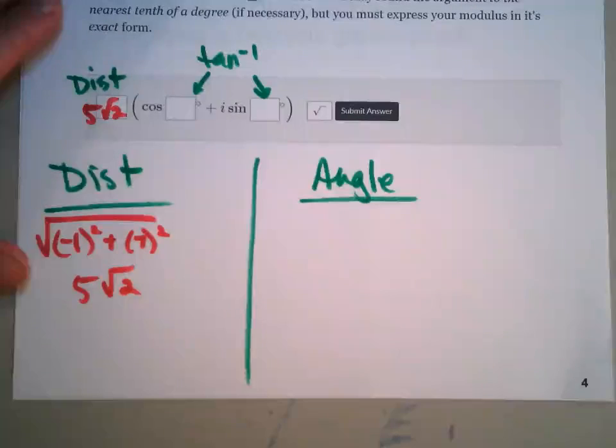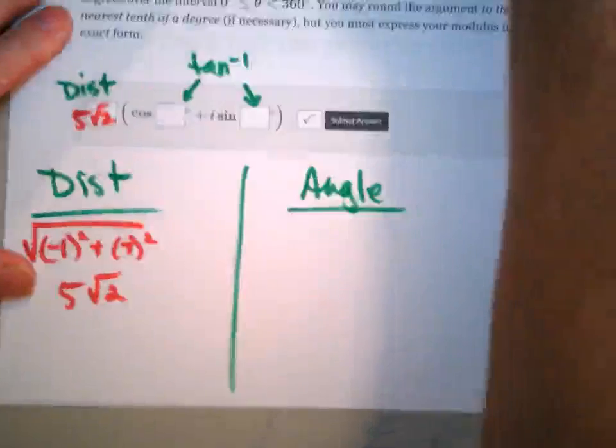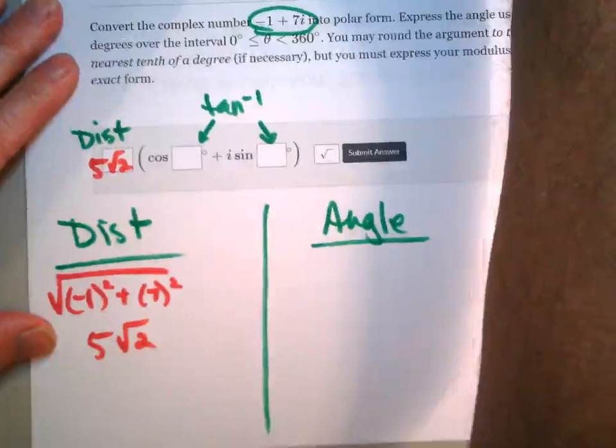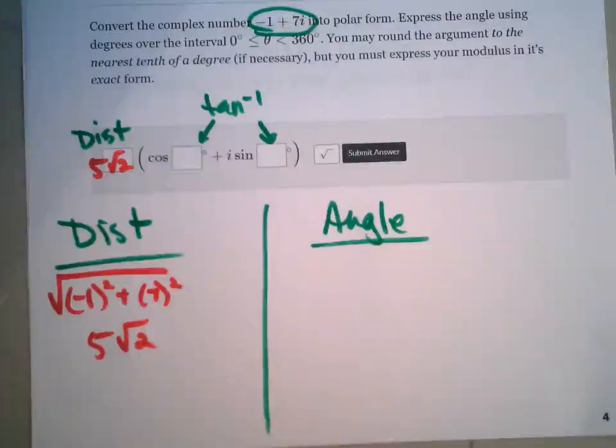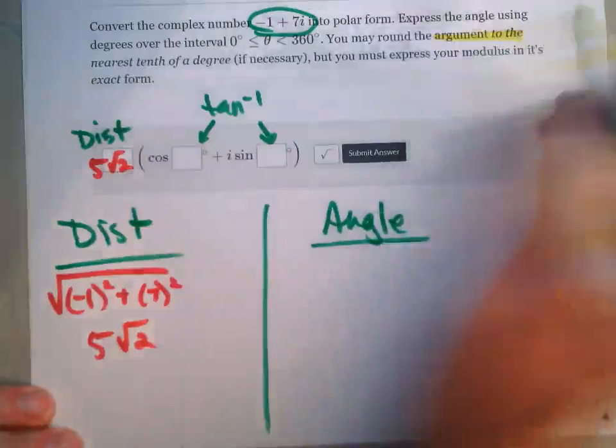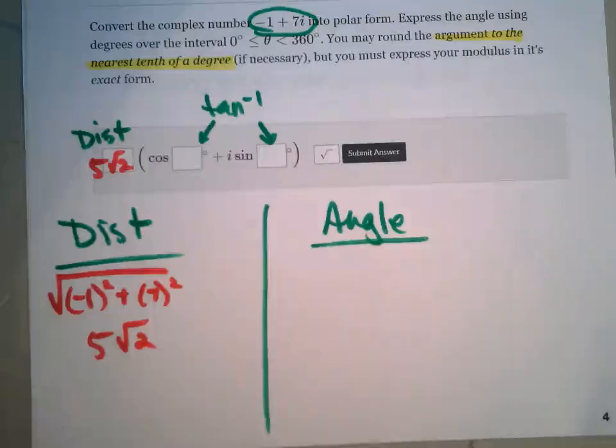You can't even see everything on here, so let me back this up a little bit. Now, the argument, otherwise known as the angle, can be to the nearest tenth of a degree if necessary. So when we do our inverse tangent, if it doesn't come out to be an exact angle, then we'll round it to 1 decimal place.